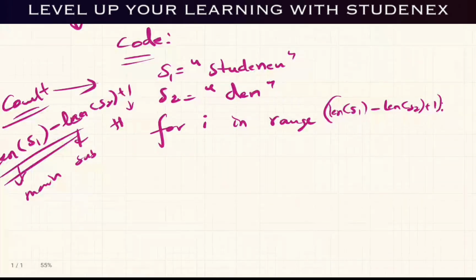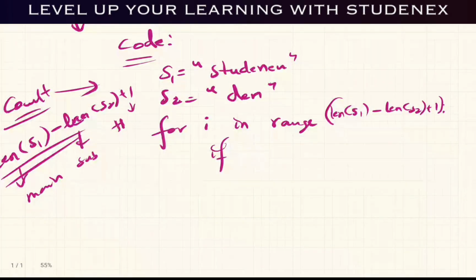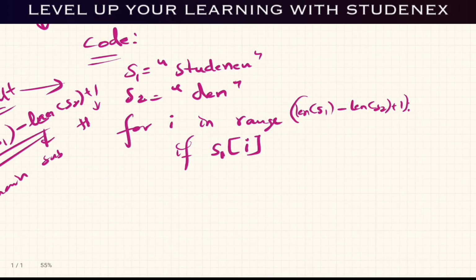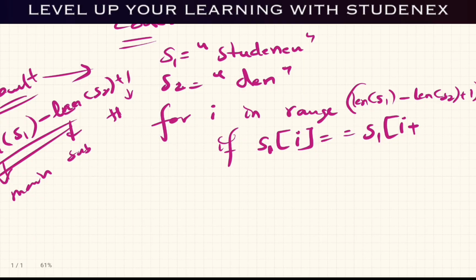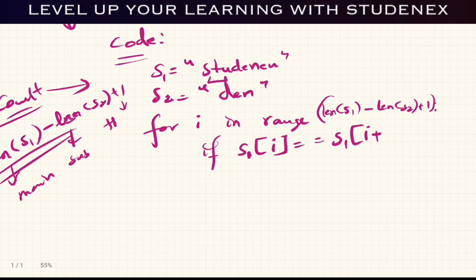So now I'll check if the main string at a particular character is equal to the main string over as many characters as the substring has. I'll do a dry run also, don't worry. We're going to check 3 elements, right? So we give the length of the substring, which is S2.